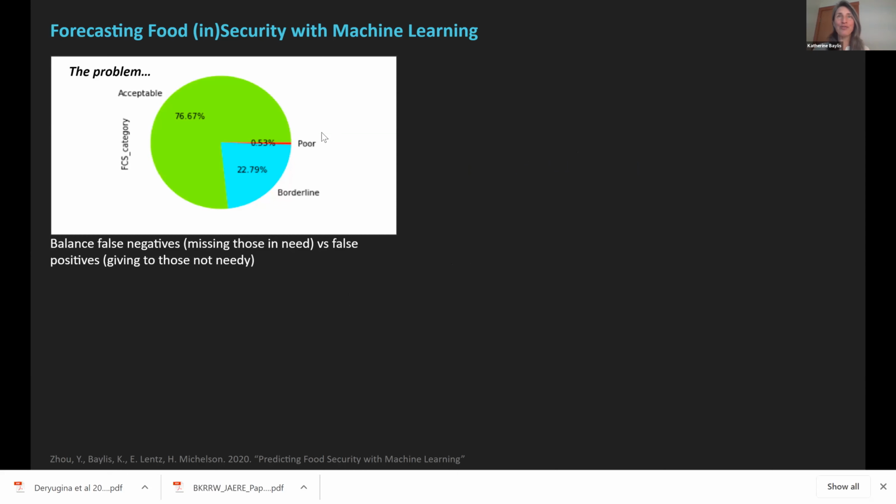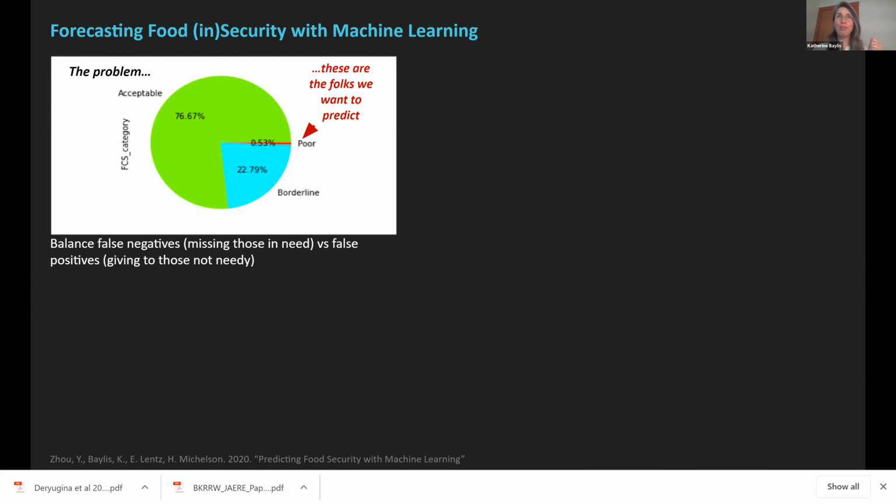There's also an additional trick in that the people who are truly food insecure, from our data, and these are the folks we care most about predicting, are thankfully a relatively small sliver. That's good, in that we're glad it's not a large swath of the population. On the other hand, we're stuck in a situation where we're trying to predict a rare event.